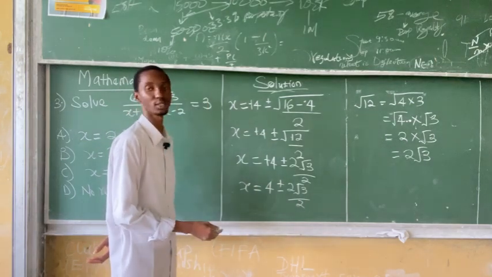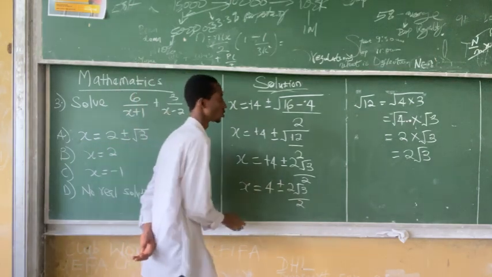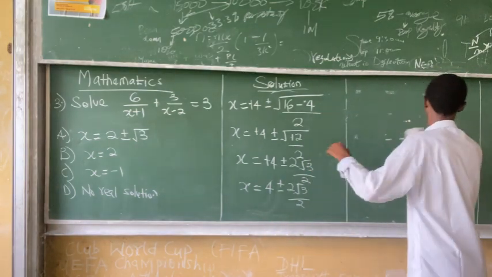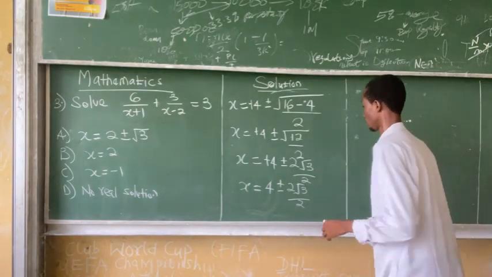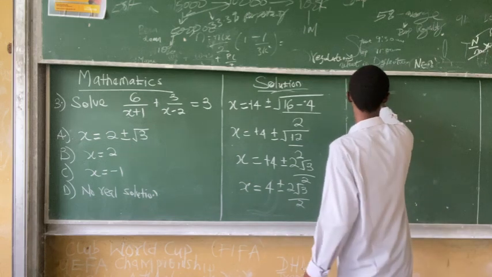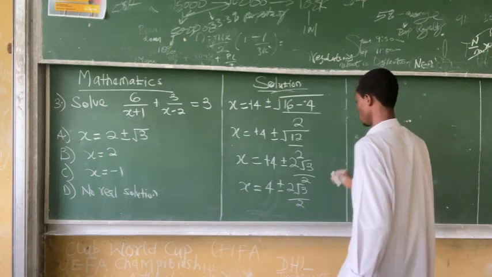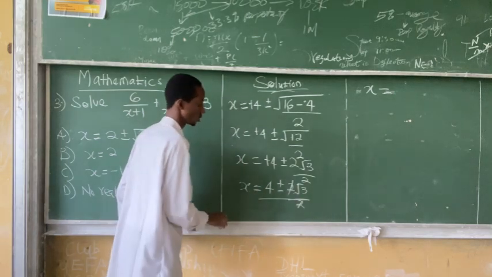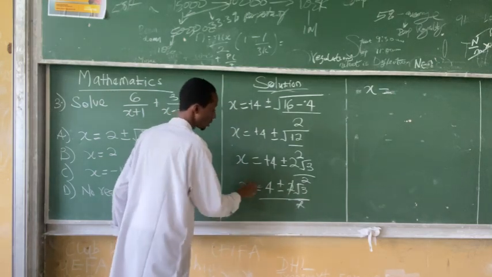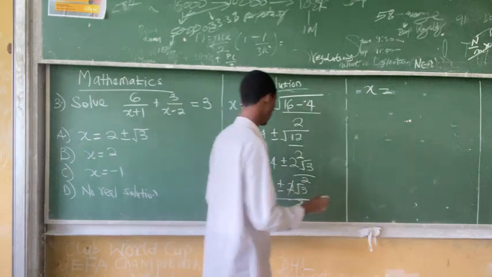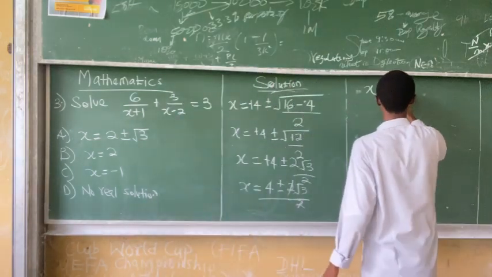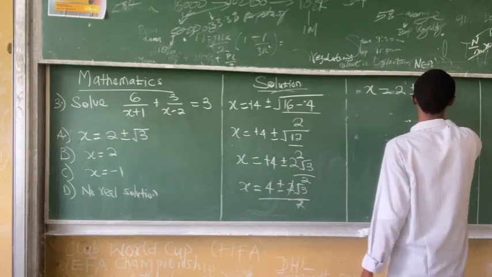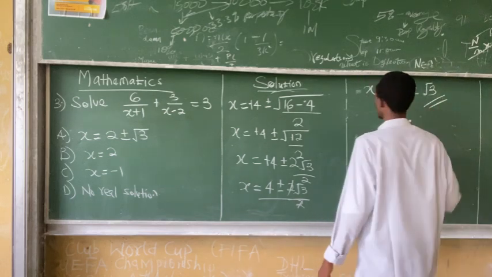Something can cancel out here, right? Which is 2. If we divide through by 2, we have x is equal to, 2 will take away this, it goes off. 4 divided by 2, we have 2. Therefore, we have 2 plus or minus root 3. So this is our final answer.